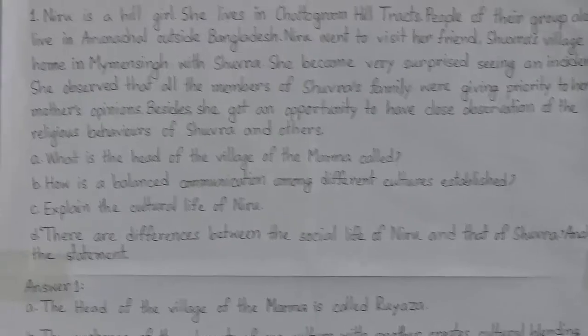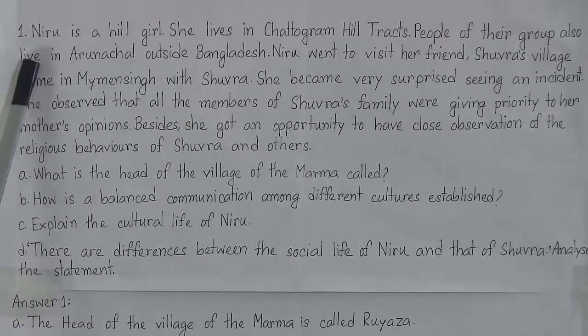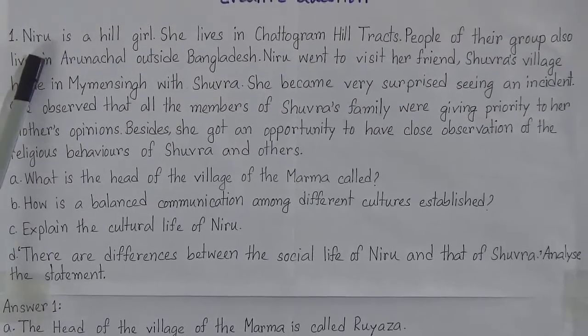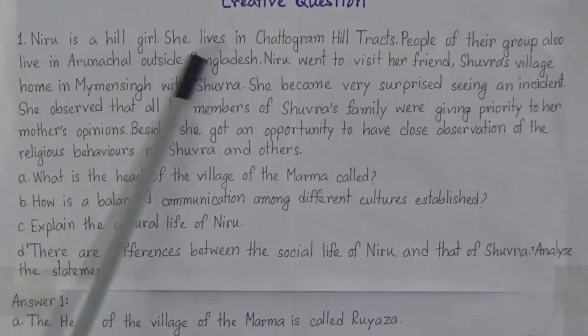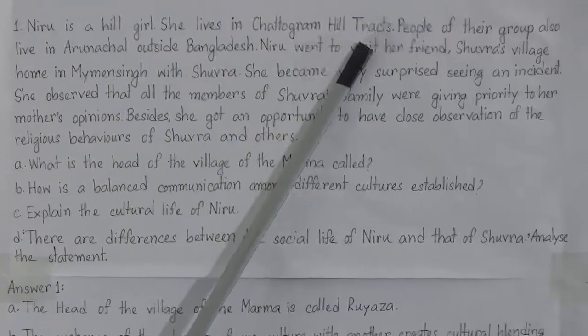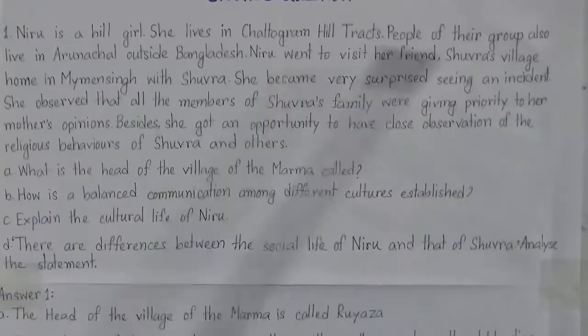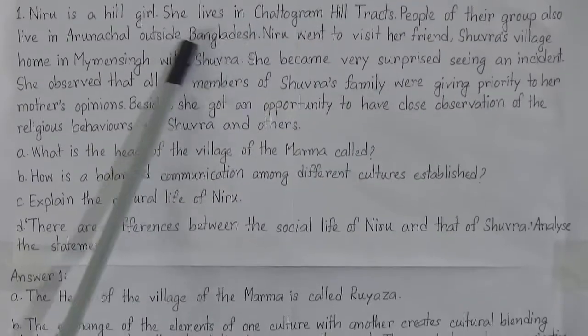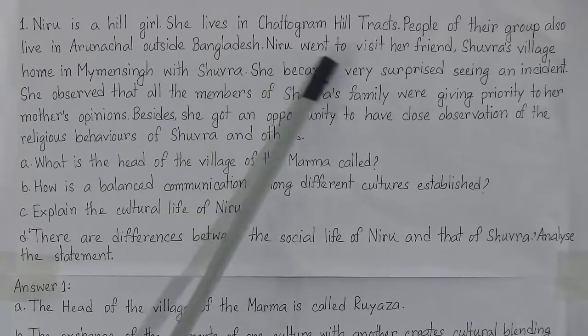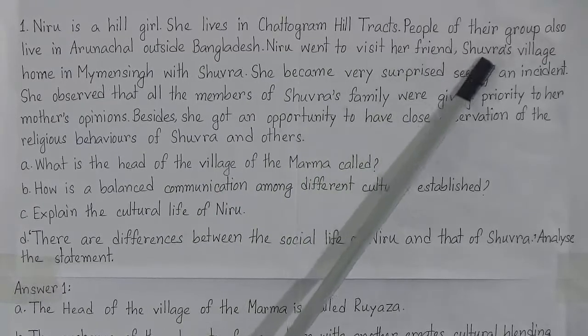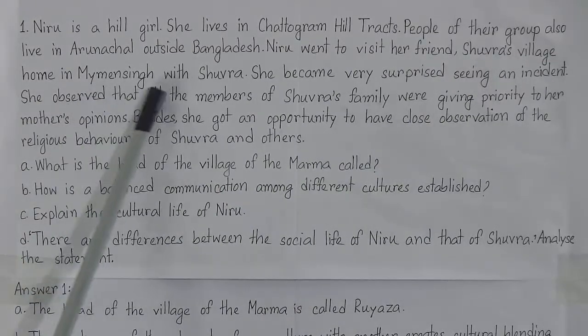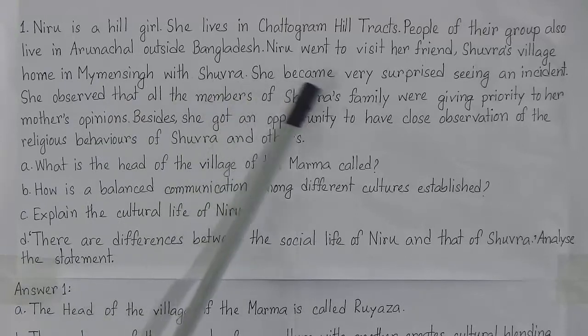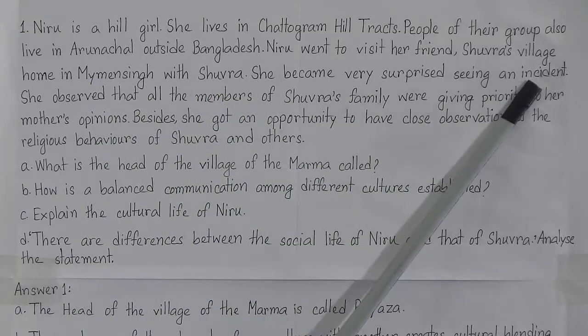At first we will read the stem, and the first stem is: Niru is a hill girl. She lives in Chattogram hill tracts. People of their group also live in Arunachal outside Bangladesh. Niru went to visit her friend Shubro's village home in Mymensingh with Shubro. She became very surprised seeing an incident.